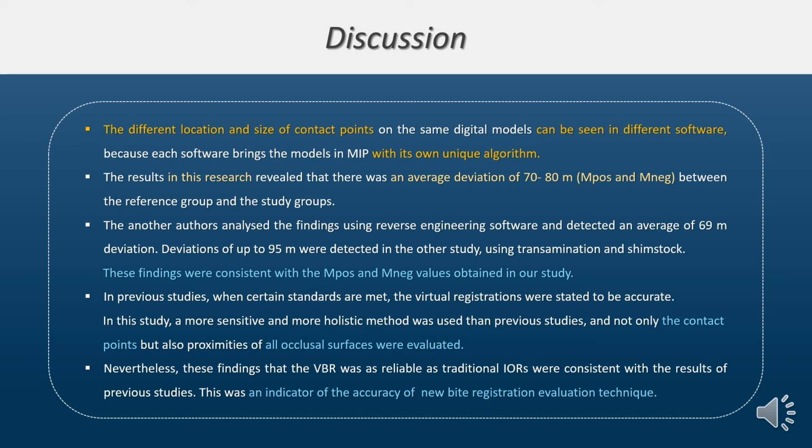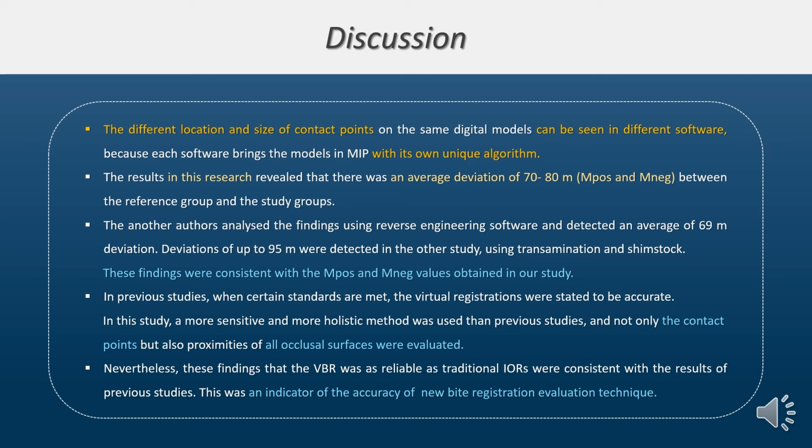These findings were consistent with another study where reverse engineering software was used and detected an average of 69 micrometers deviation. In this study, a more sensitive and more holistic method was used than previous studies.